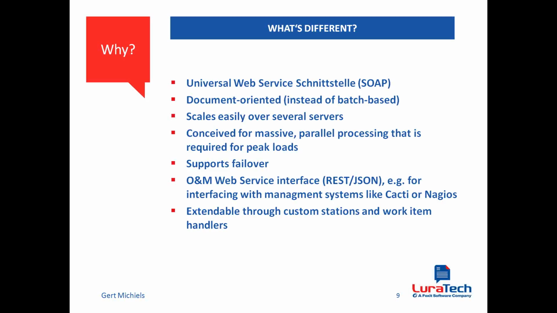But you can even build your own custom stations, or a partner, or we can build custom stations based on other technology that you need in the context of your document conversion. So it has some sort of workflow in it that is customizable using the assembly lines, and that's very much different than the PDF compressor.